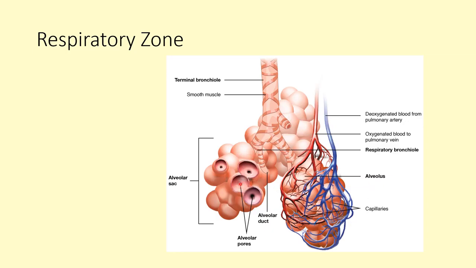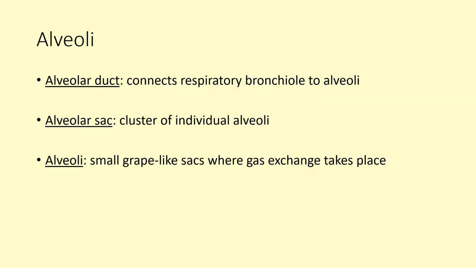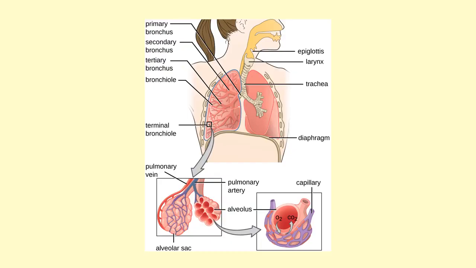Now, they have pores in them because they are connected, or there's a passageway between them, which is the alveolar duct. And then you notice that they're surrounded by an extensive capillary system. So the alveolar duct connects that respiratory bronchiole to the alveoli. The sac is the whole cluster, and the alveoli are the individual sacs where the gas exchange is actually going to take place.